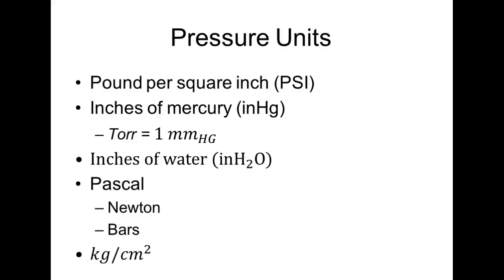Then we get into torr, which is just another way of representing this, right? Inches of water, inches of H2O, and then we have the Pascal, which is broken down into Newton, bars, and kilograms per centimeter.